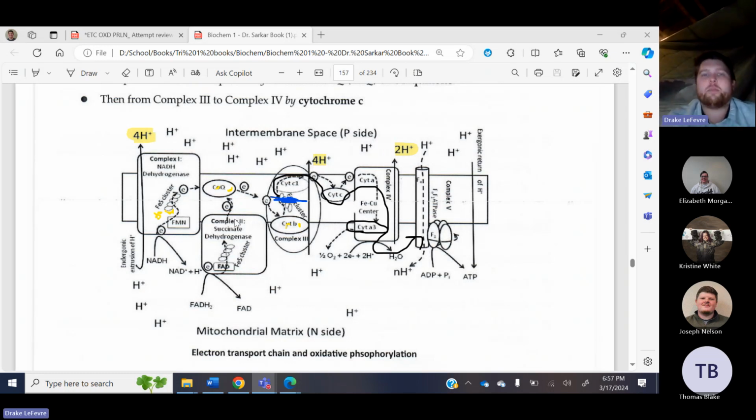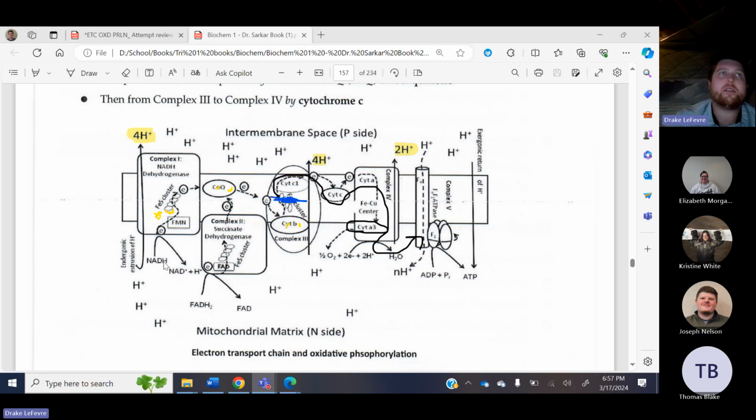So each of our different complexes has a specific job and different components and helps us to transport these electrons. So complex 1. Everything starts here in complex 1, where we have our NADH.